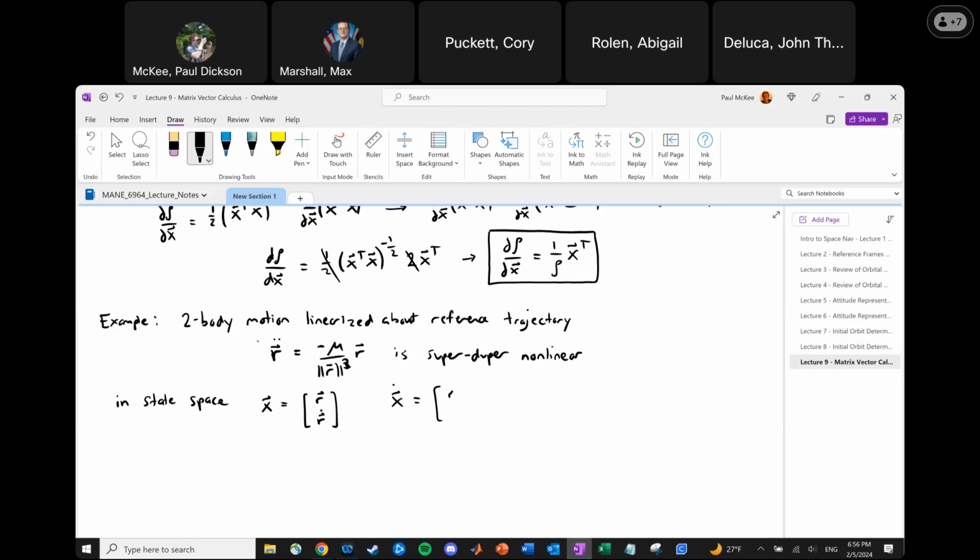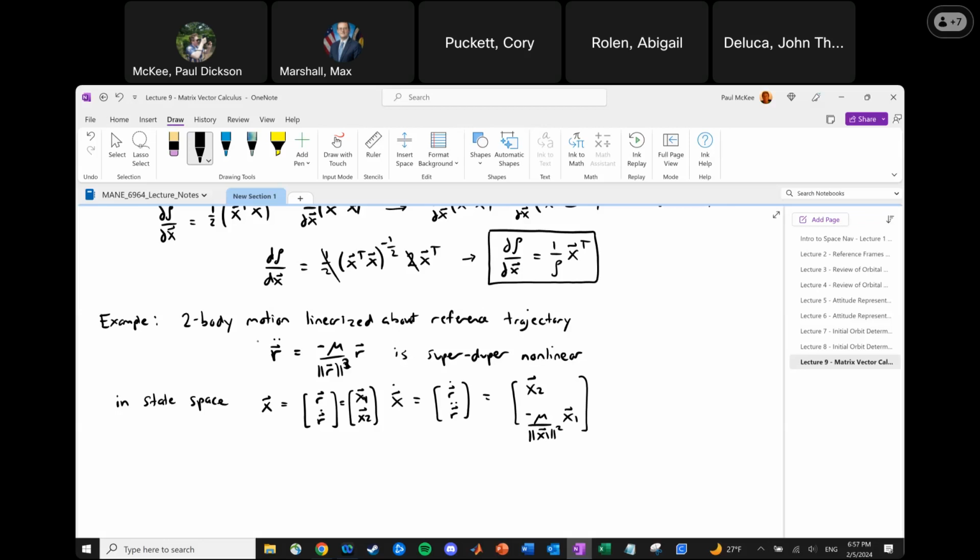Well, it's going to be r dot and r double dot, which if we want to work this out is going to look like this. I guess if we think of this as being x1 and x2, then x1 dot is just x2. And then this is going to be negative mu over x1 squared x1. So there's our state space of the equation of motion.